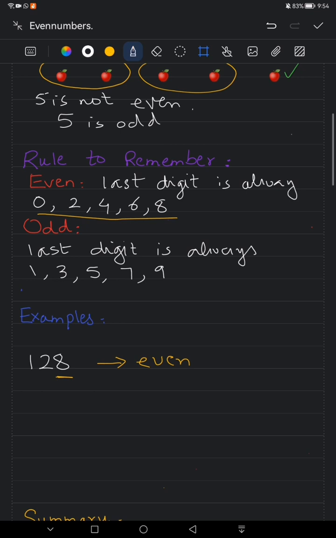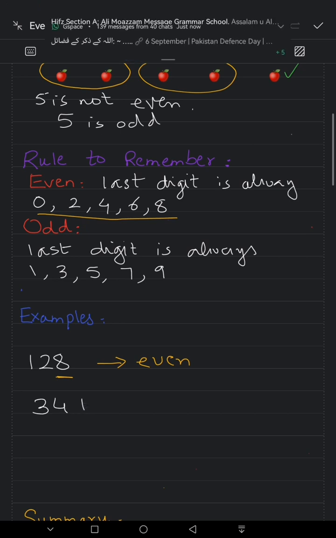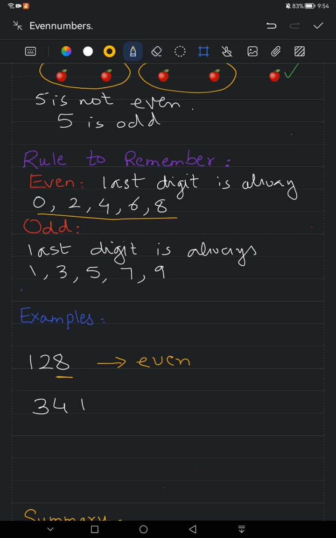Look at another example. If we have 341, the last digit, the digit at the ones place, is 1. Now if you look at the list of the digits which come in odd numbers, that is 1, 3, 5, 7, 9, so 341 will be odd.